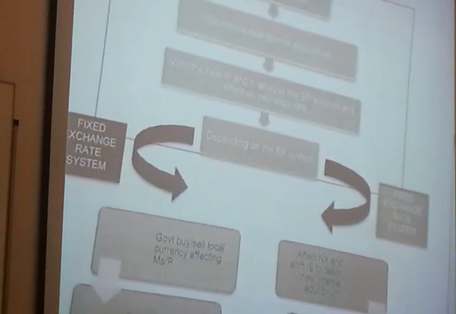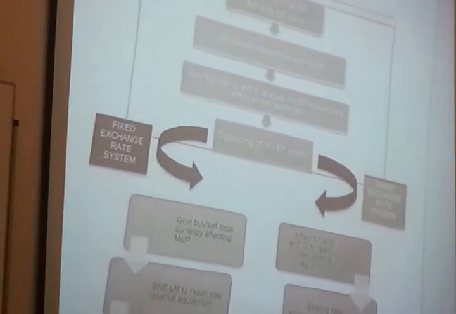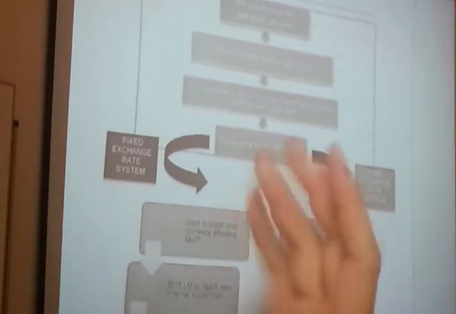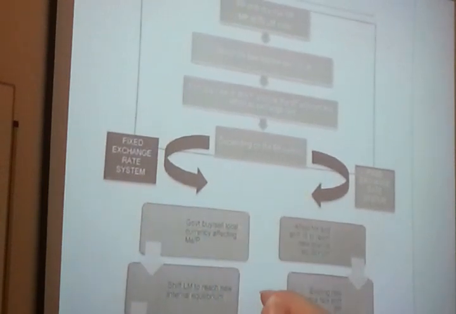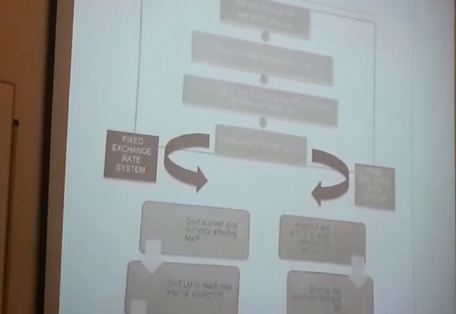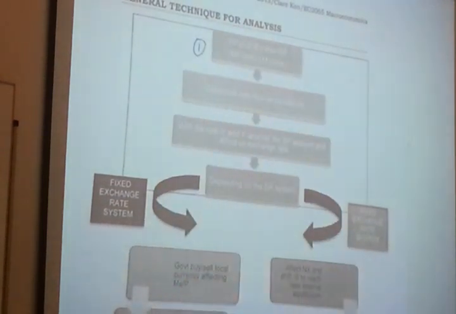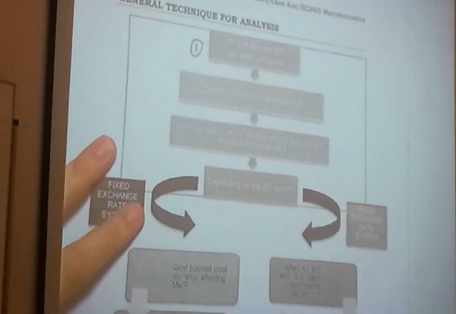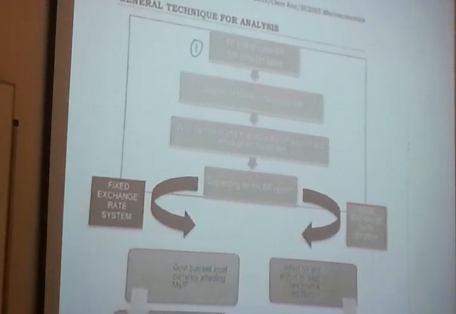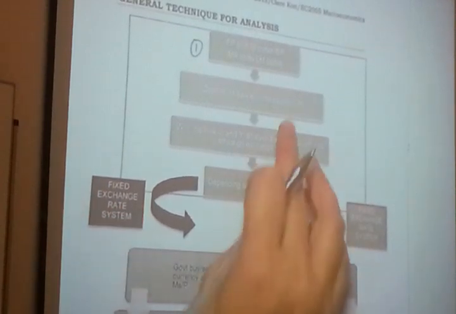Now, this is a general technique. And I always tell students, every time when I do analysis and you get lost, you always wonder how come you have a missing step, come back to this flow diagram. It will guide you. Now the first step is always shift ISLM, because in this case you are using fiscal or monetary policy, shift ISLM, get a new point.